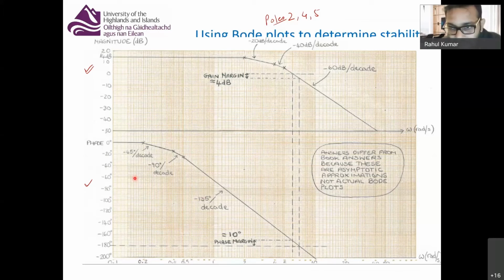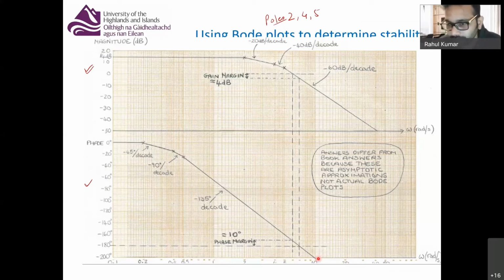For the phase plot, because of this pole, you will have a slope of minus 45 degree per decade, but it will start from 0.2 and it will go all the way up to 20. So I have not completed the plot here. I have only considered up to 10.